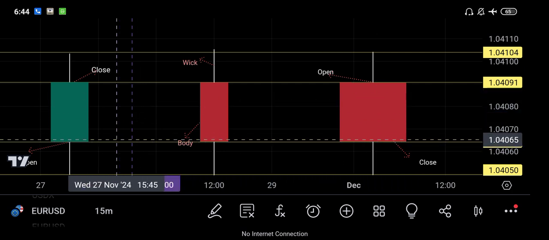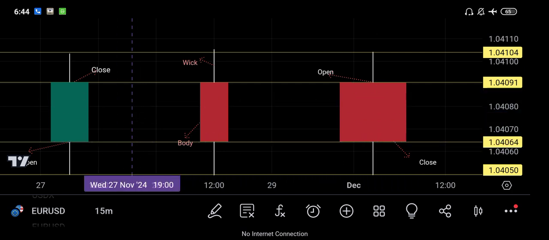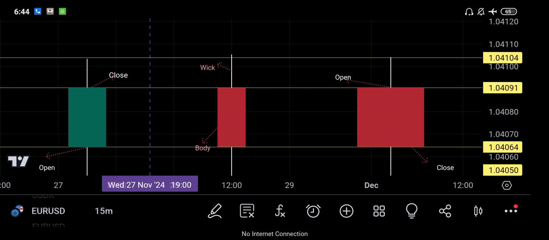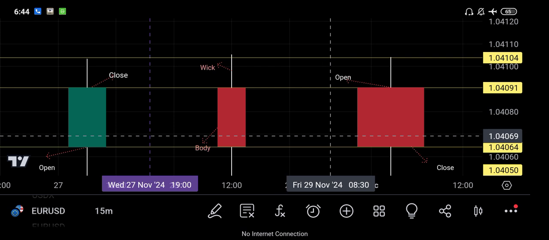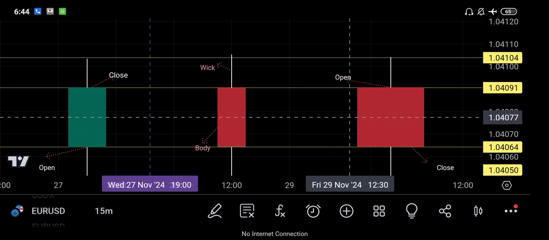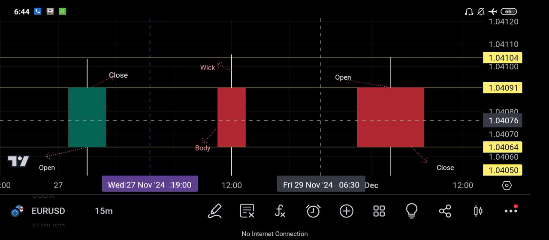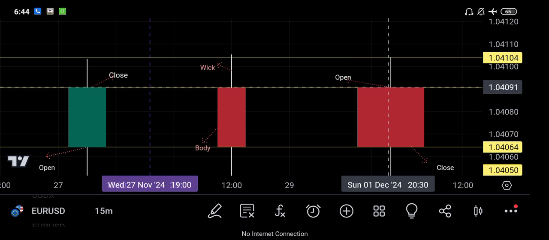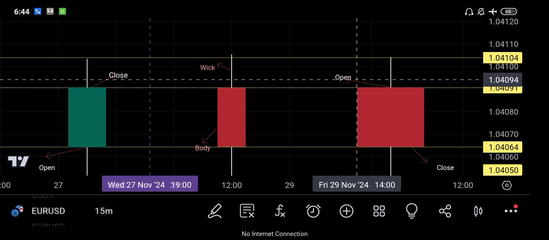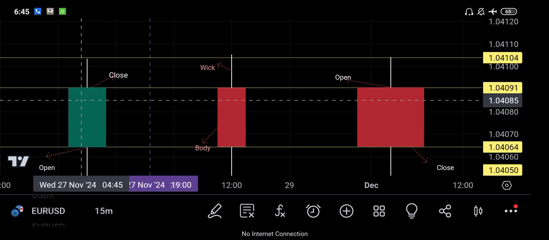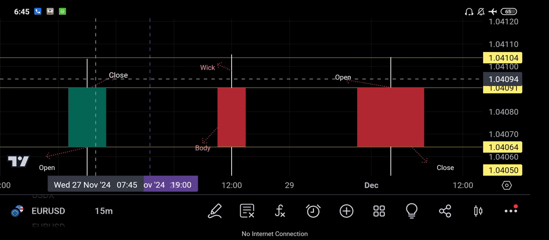Actually, it's the market close that tells what the candle is about. Even a bearish candle starts at the left, and even the bullish candle starts at the left. But what ends the market formation is the close of the market.